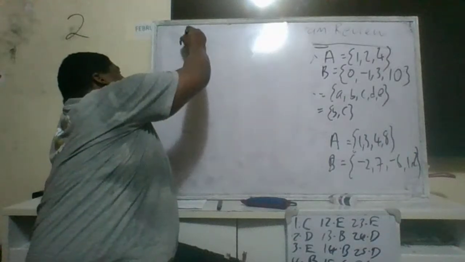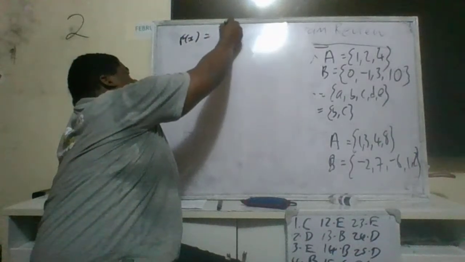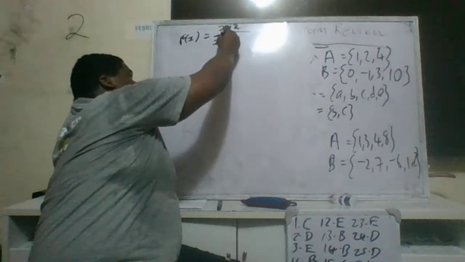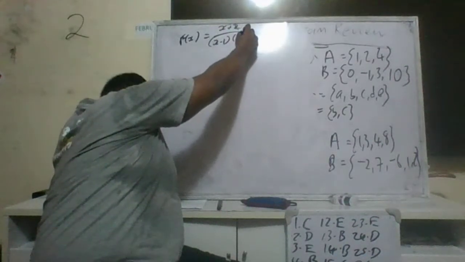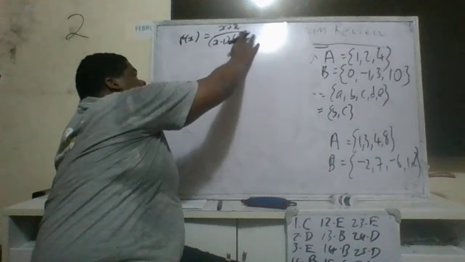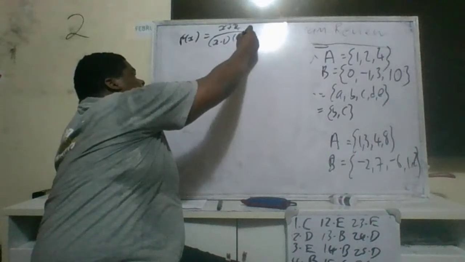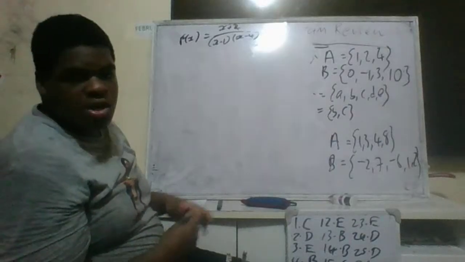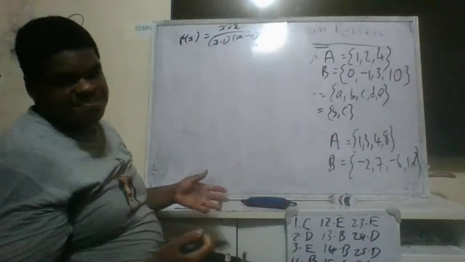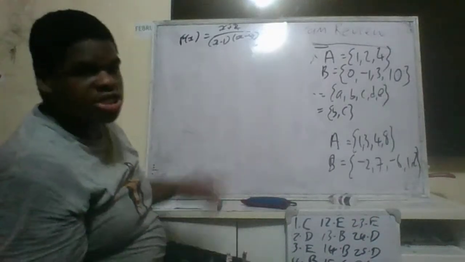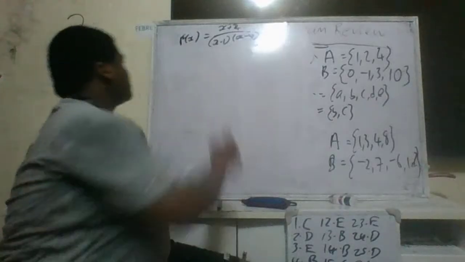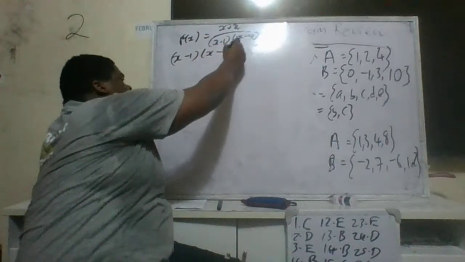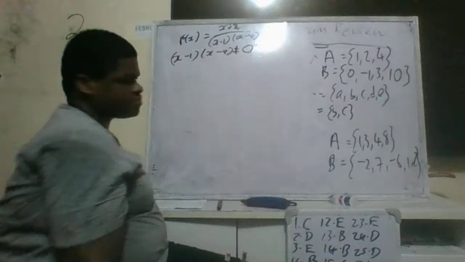So we have f of x equals x plus 2 divided by x minus 1 times x minus 4. When is this continuous? Basically, what they're asking us to find is the domain. And for the domain, we need to make sure that x minus 1 times x minus 4 is not equal to 0.